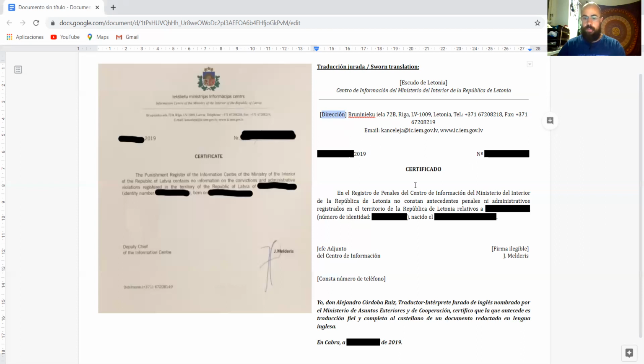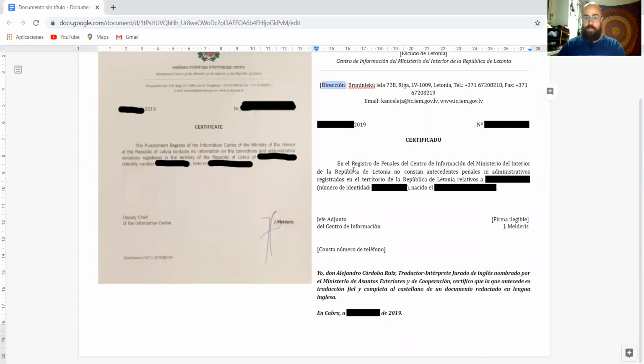Then we have the date, the number, certificado, and here we continue. En el registro de penales. I have used the wording registro de penales and not punishment register, which would be something similar to registro de condenas or registro de penas, because the equivalent in Spain for such a register is registro de penales or registro de antecedentes penales.